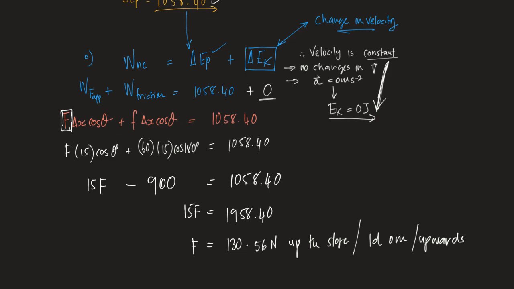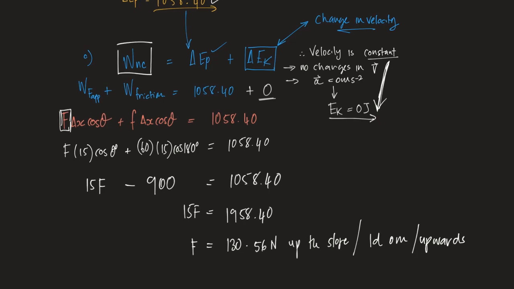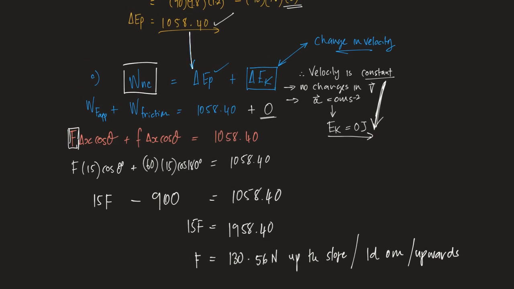So there is quite a bit of analysis involved. You need to make sure that you understand what work non-conservative is. How do you break that up? If you've done calculations in previous questions, bring that down. If you don't want to bring it down, you're more than welcome to do the whole step. For the change in kinetic energy, read your question.